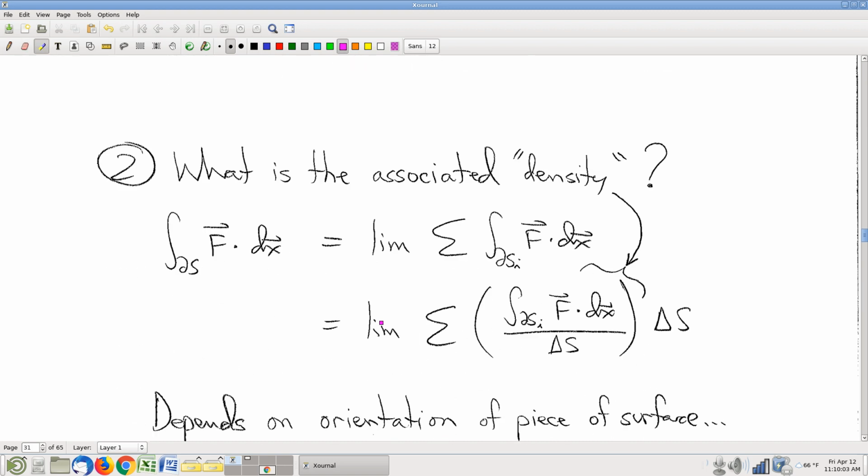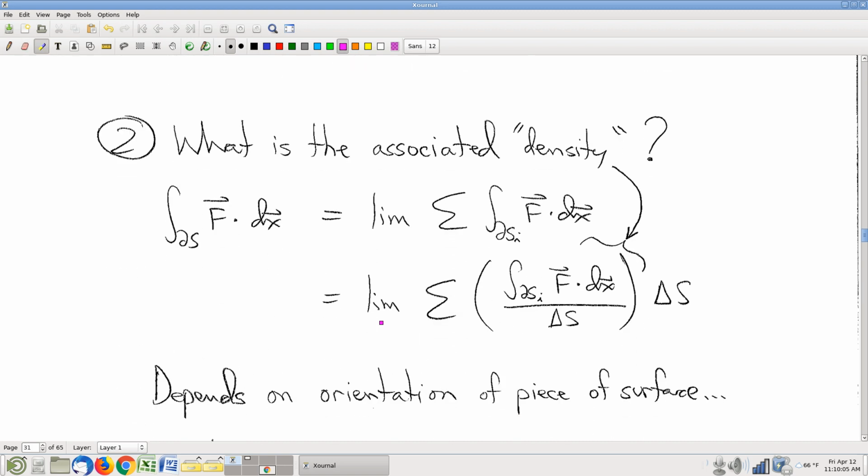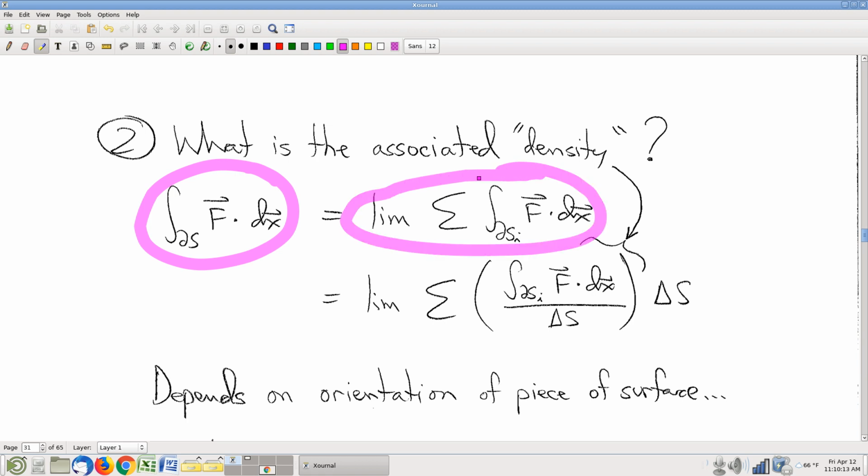So boundary circulation accumulates. The boundary circulation around the whole surface is the sum of the boundary circulations around the individual pieces of surface. That's what we mean by an accumulating quantity.